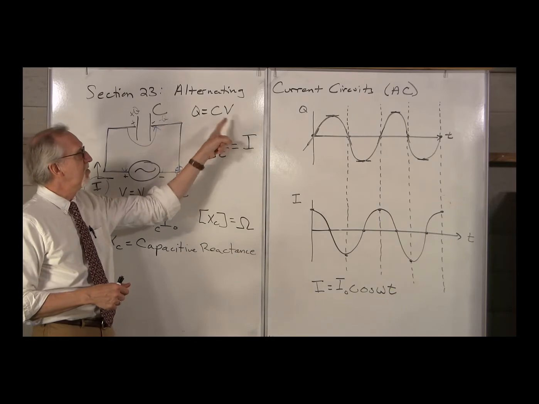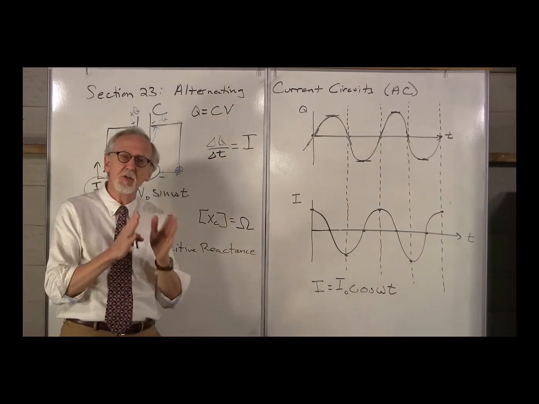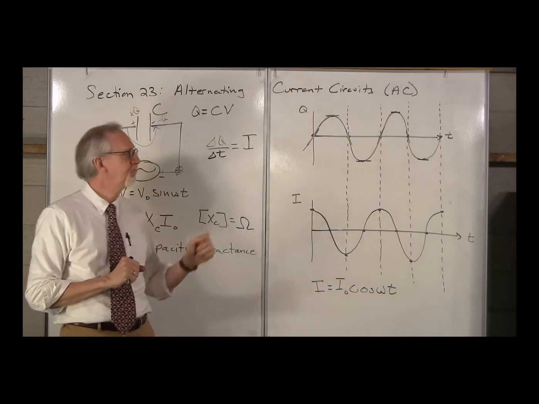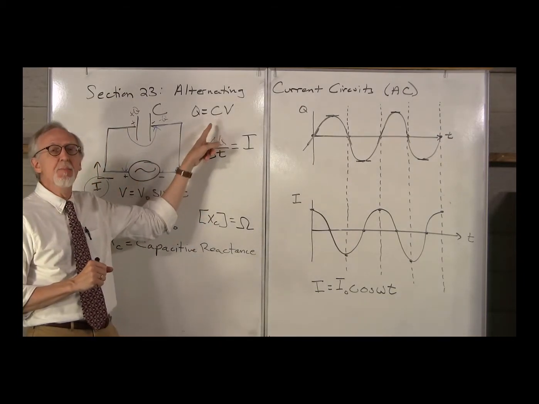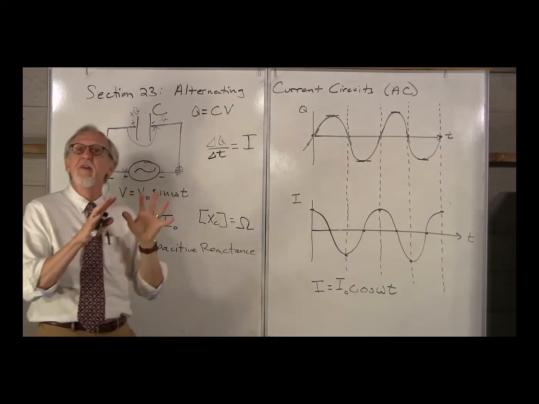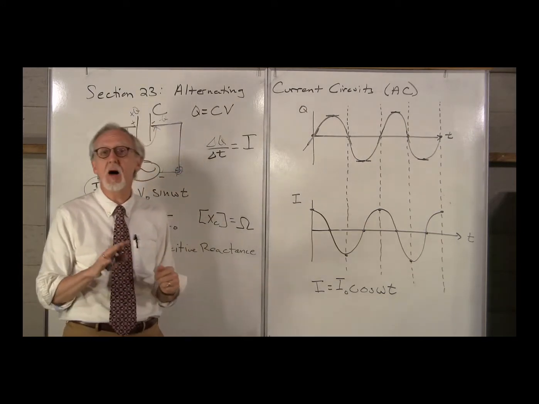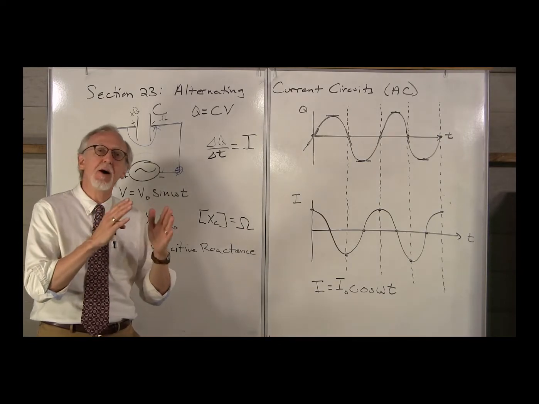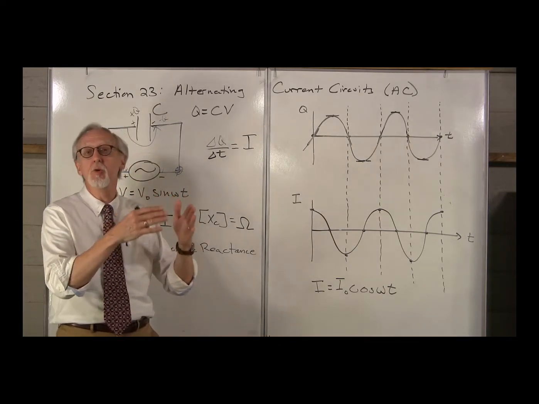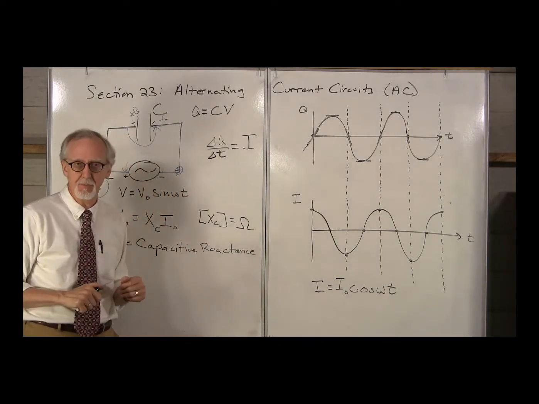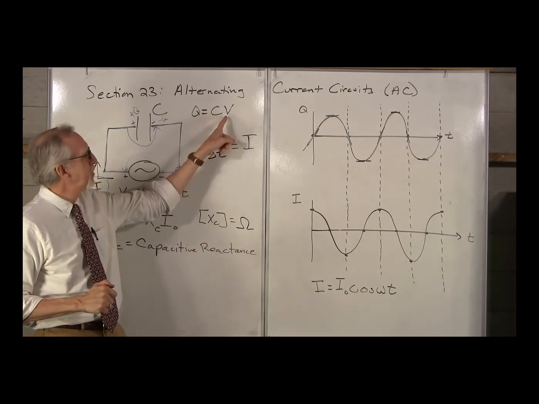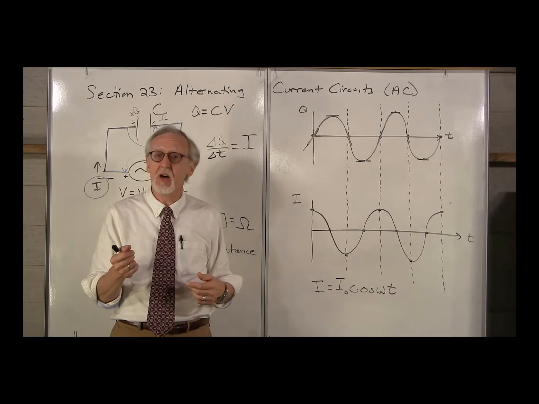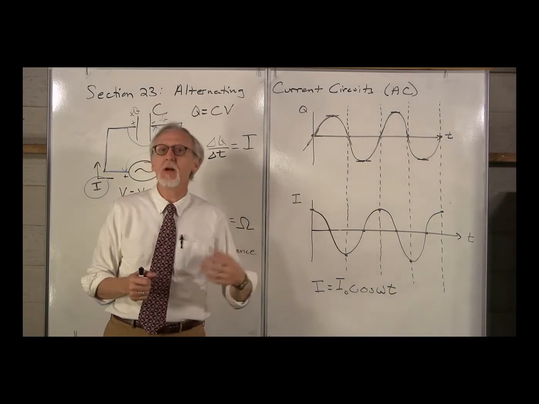Q equals CV. So if we have a voltage source of, let's just go back to DC currents for a second, of 1 volt, C tells us how many coulombs will fit, so to speak, on that capacitor for 1 volt. Or you might say it tells us the number of coulombs per volt that will fit on the capacitor. If you have a capacitor of 1 farad and you apply a voltage of 1 volt, you will fit 1 coulomb on it.